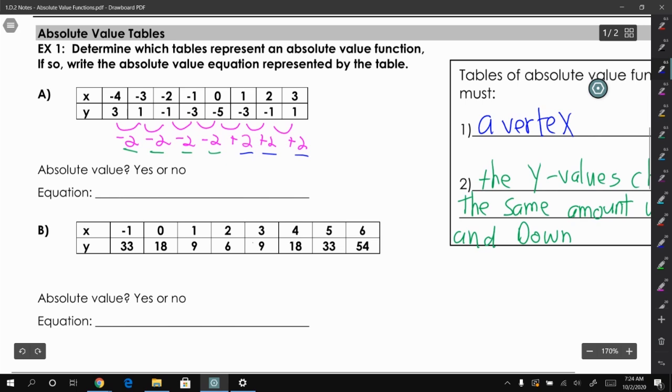That's a clue that it's an absolute value function. So then what is the vertex? The vertex is going to be that point where we change. Right here at 0, -5, that's when we went from going down by 2 to up by 2. So this is my vertex right here.